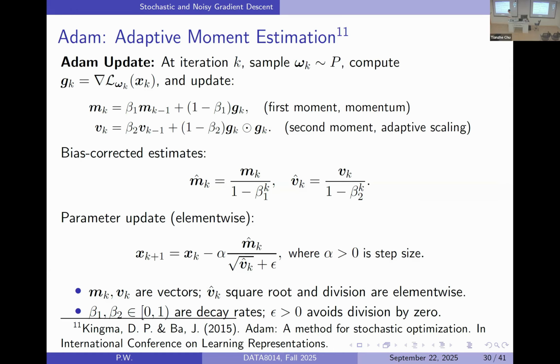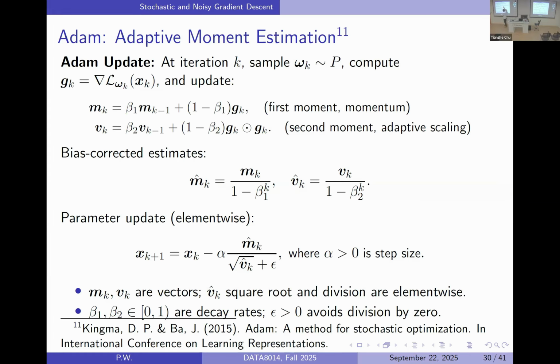We have to admit this algorithm update is somewhat complicated. You can see the whole update of this stochastic algorithm. First, at iteration k, we sample some omega_k from this distribution and compute the gradient g_k. There are two very clever designs. First, use the first moment, which is like a momentum of the gradient, to construct an auxiliary point m_k based on this gradient.